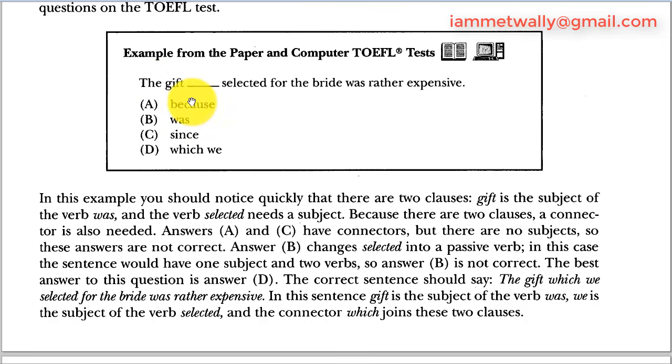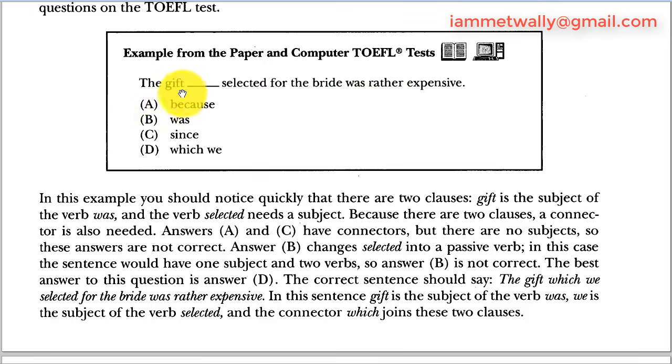Because doesn't work because it's a connector, and in this case I wouldn't have anything that matches the verb selected, so I need a subject for the verb selected. Otherwise I need a subject to make it an adjective. The gift was selected, yes, okay. For the bride was rather expensive.